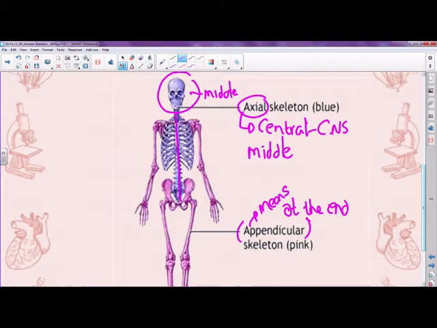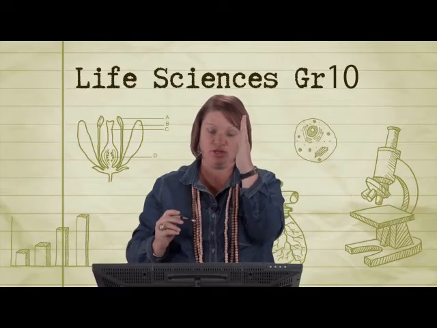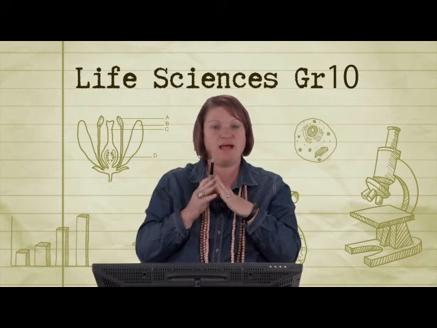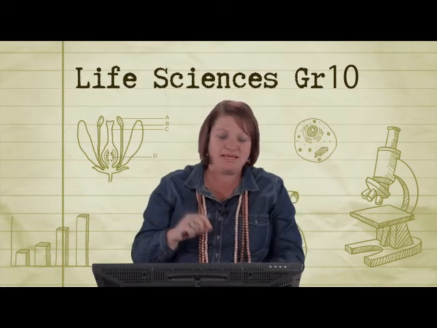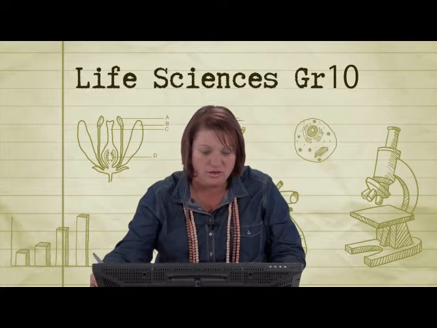So what is it at the end of? It is at the ends of my axial skeleton. So I have the central portion, and then I have the ends of it attached: my appendicular skeleton.